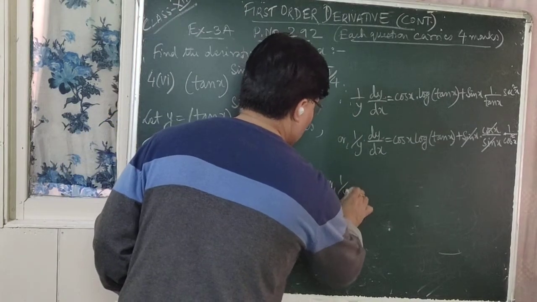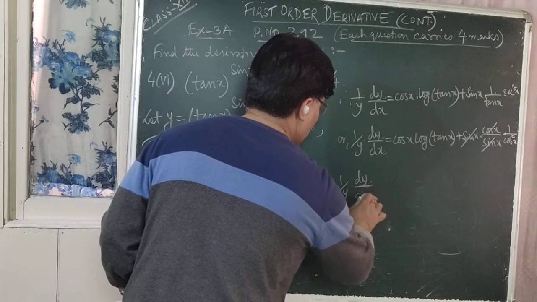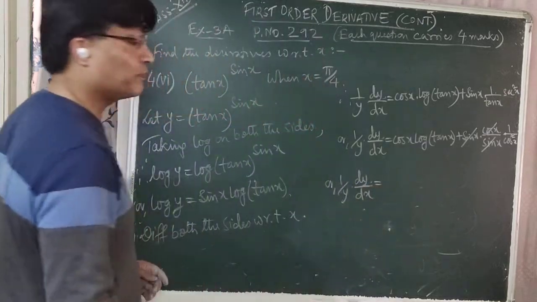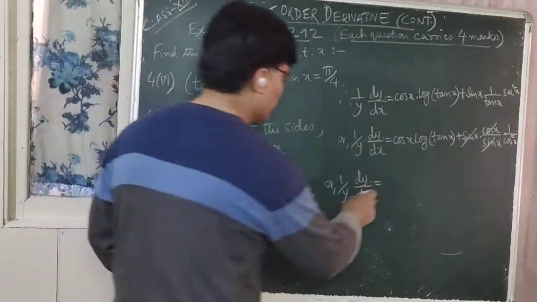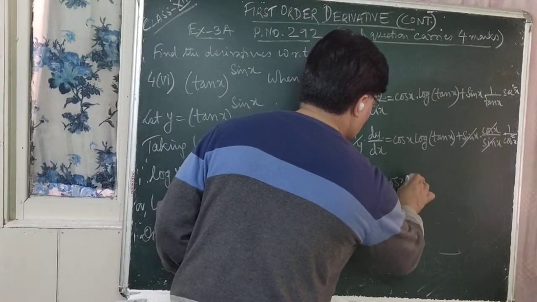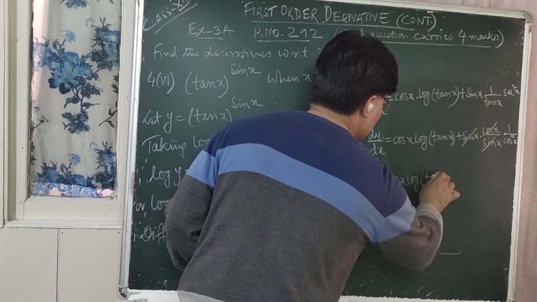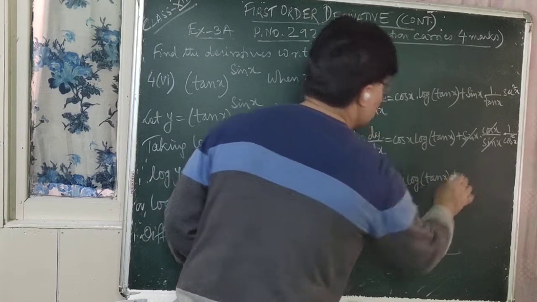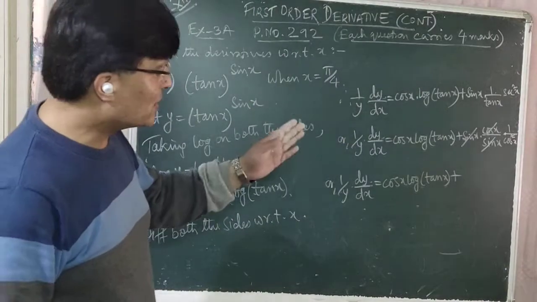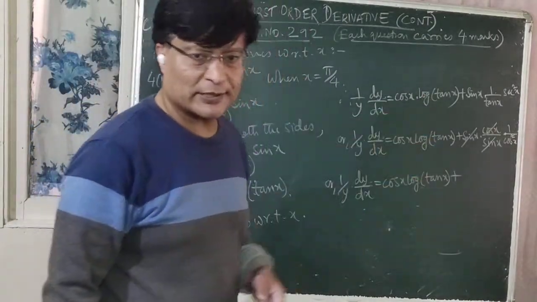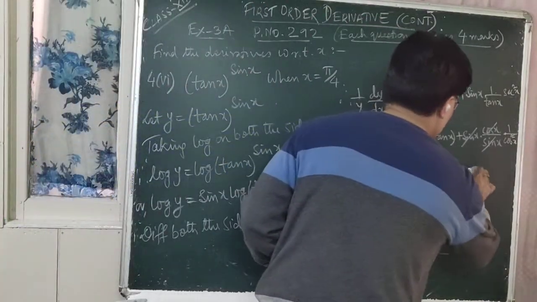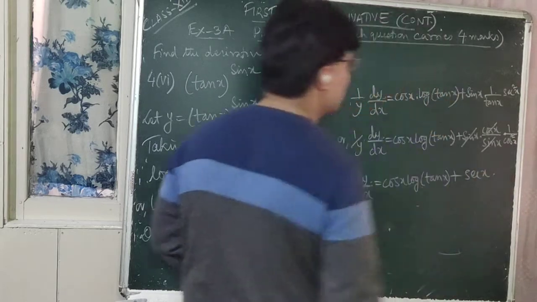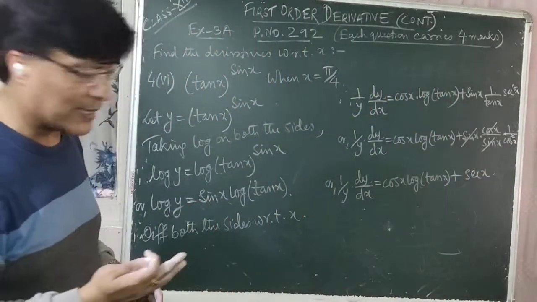Or 1 upon y into dy by dx is equal to, so write down the first term. What is the first term here? It is cos x log of tan x plus. Now what is the second term? It is 1 by cos x, which is sec x. 1 by cos x is always sec x, isn't it?